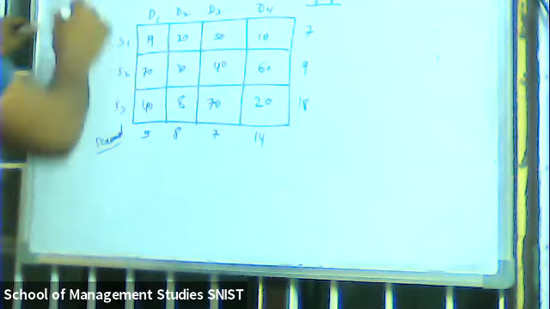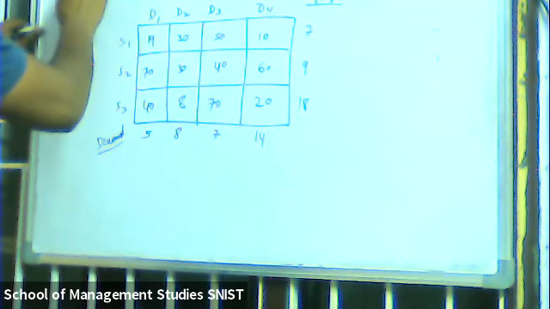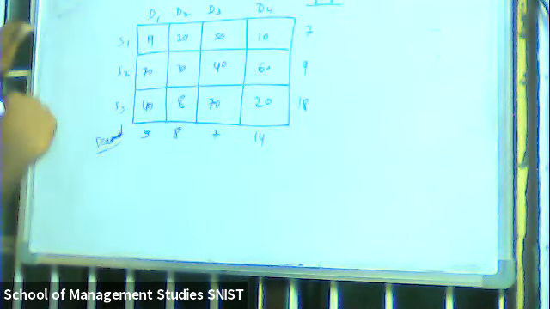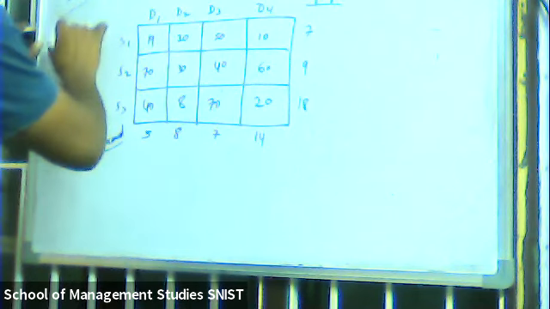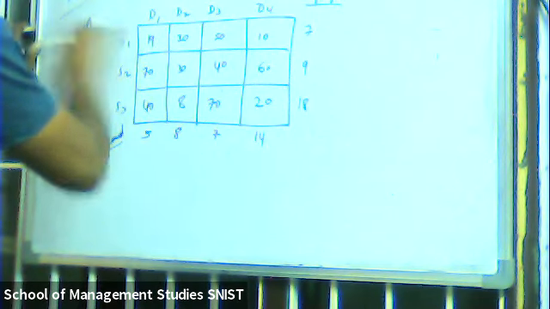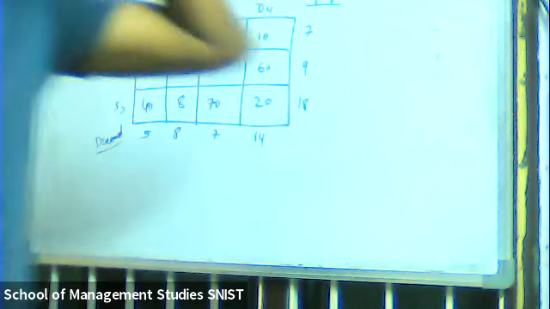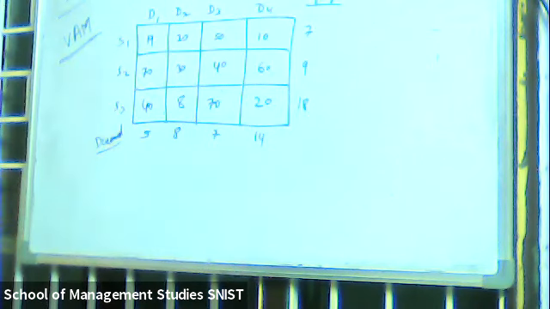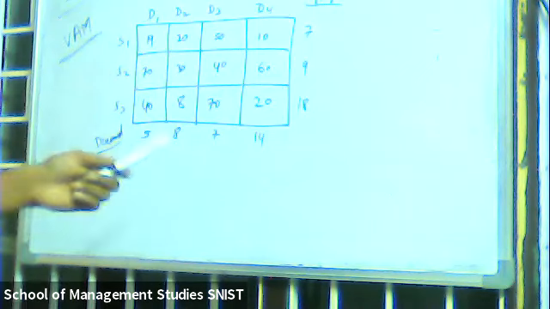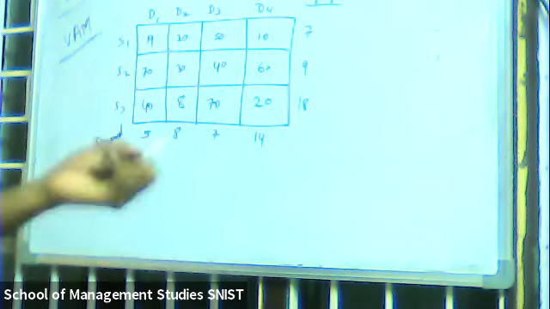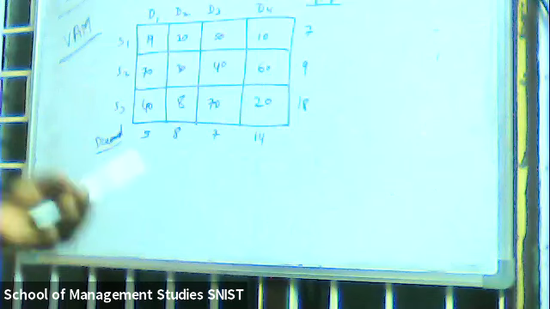Now see, under initial basic feasible solution, we have one more method that is called Vogel's approximation method. In short form, it is called the VAM method. And let me tell you the most important thing. Suppose you get a problem: solve the following transportation problem by using northwest corner method, least cost method, or Vogel's approximation method.